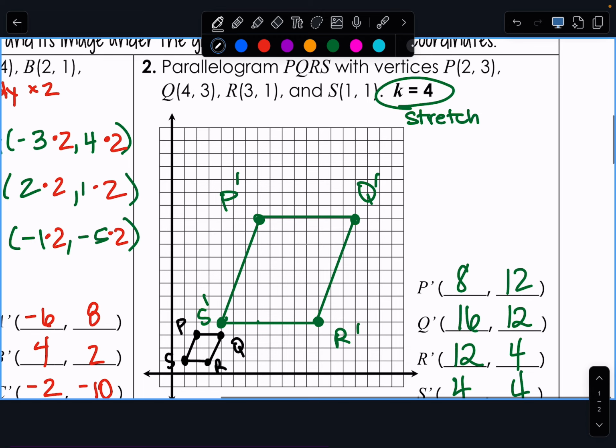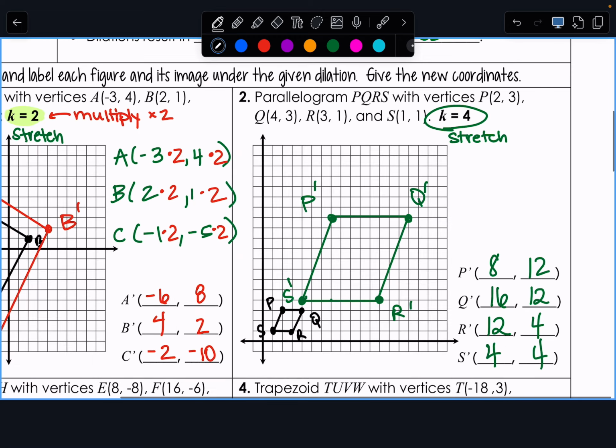Now, in number 2, how much bigger is my new parallelogram? How much bigger is the green than the black? 4 times. Now, I'm going to change it. How much smaller is the black compared to the green?